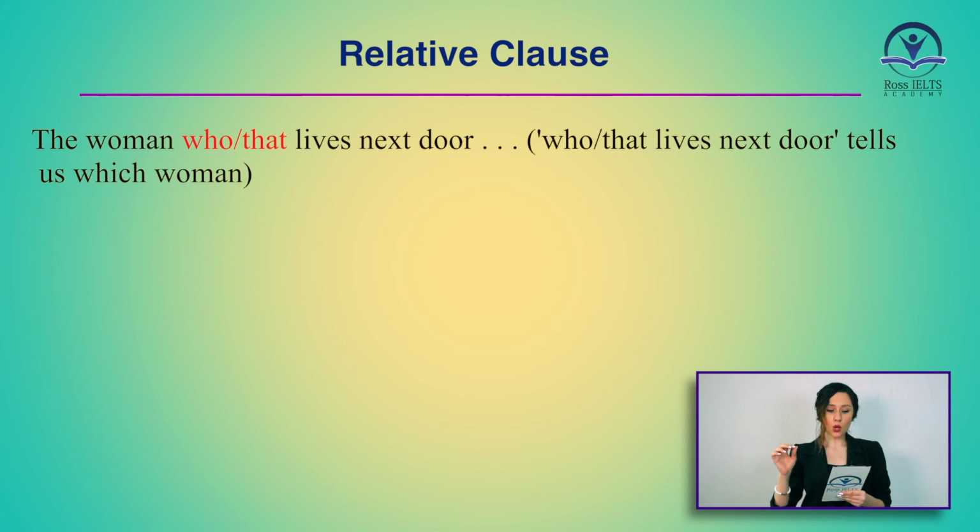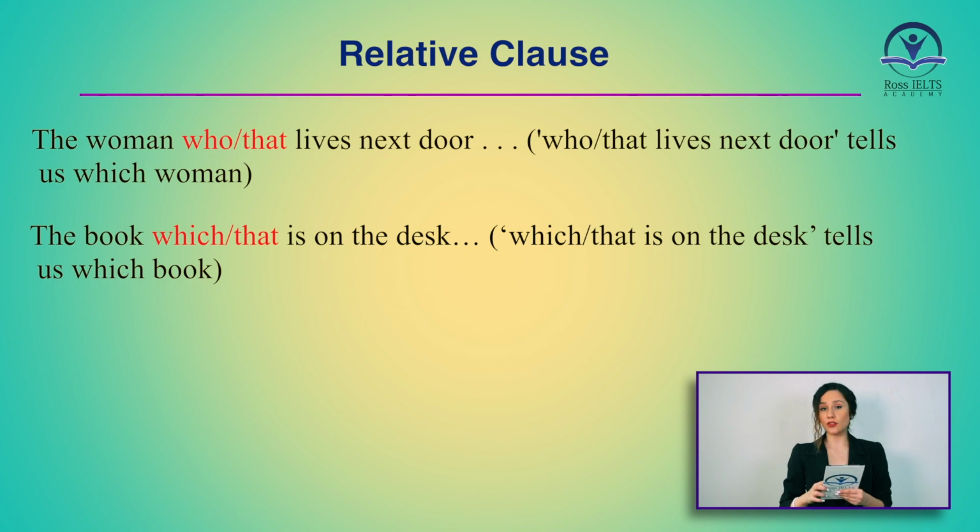So by using who or that as your relative pronoun, you're explaining or telling which woman you're actually talking about. Or the book which is on the desk, or the book that is on the desk. So by using which or that, you are talking about the book, or you're mentioning a book.